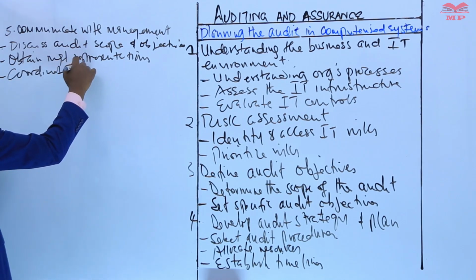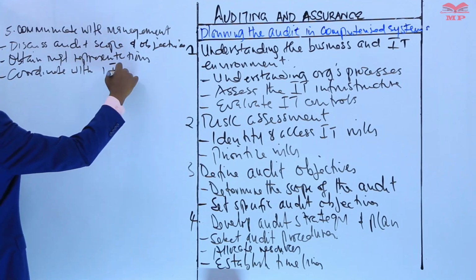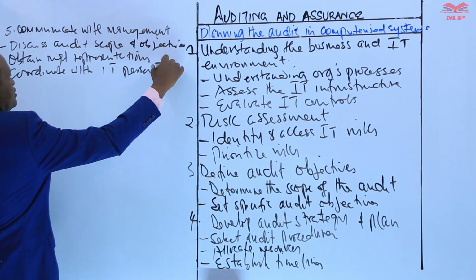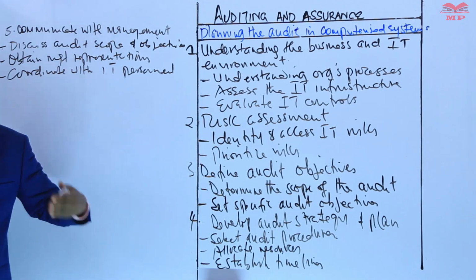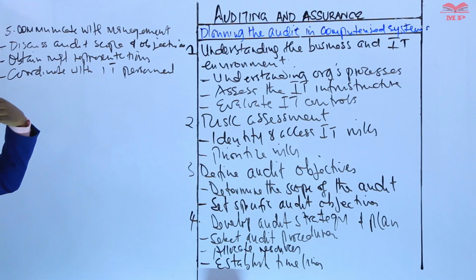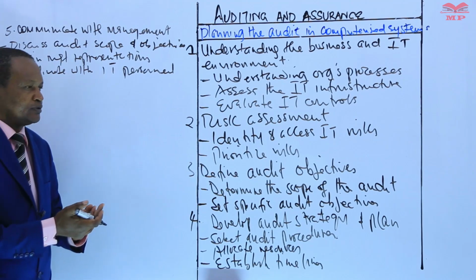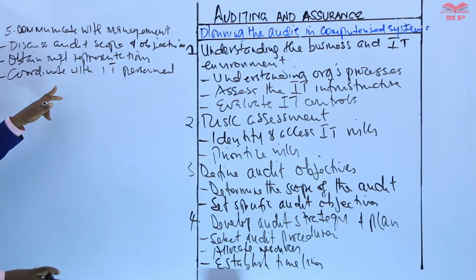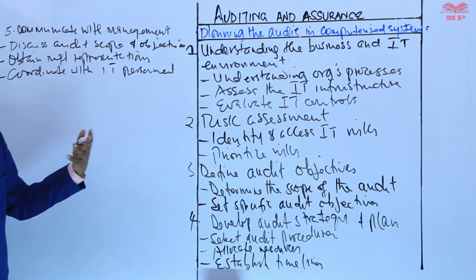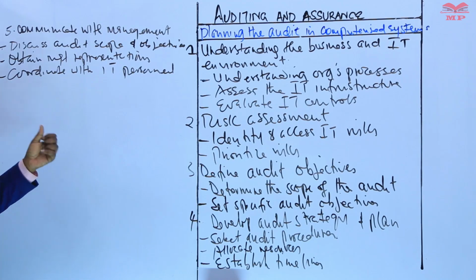Coordinating with IT personnel is an important stage where the auditor should collaborate with IT staff to gain access to systems, data, and documentation, because these records are maintained by management. So the auditor, first of all, has to communicate with management, and this is the IT personnel of the company that is being audited. That collaboration is very necessary.